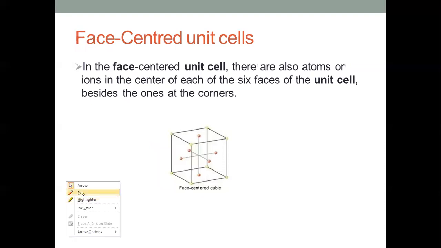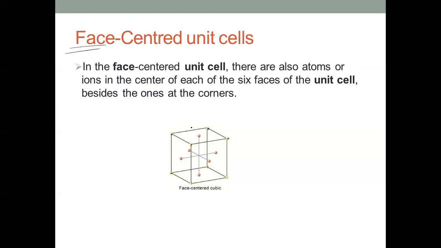And next one is face centered. As the name itself suggests, in the face centered unit cell, in addition to the constituent particles present at the corners, the yellow ones, you can see we also have constituent particles present at the centers of the faces.